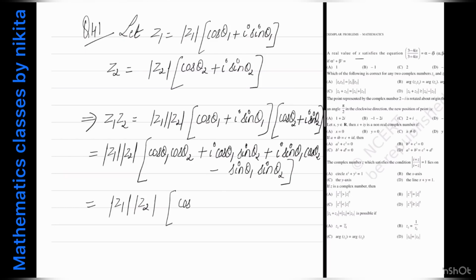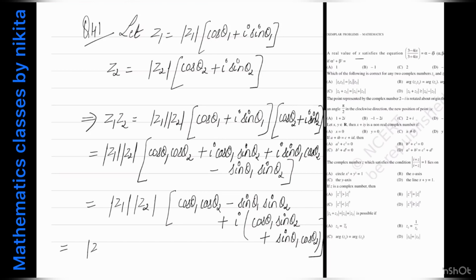We will get cos of theta 1 cos of theta 2 minus sine of theta 1 sine of theta 2, then plus iota times you have cos of theta 1 sine of theta 2, then plus sine of theta 1 cos of theta 2, and this is equal to mod of z1 into mod of z2 and cos A cos B minus sin A sin B. So this is equal to cos of theta 1 plus theta 2.